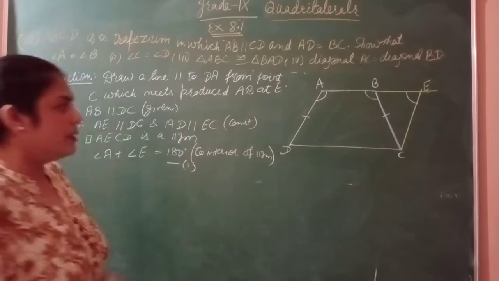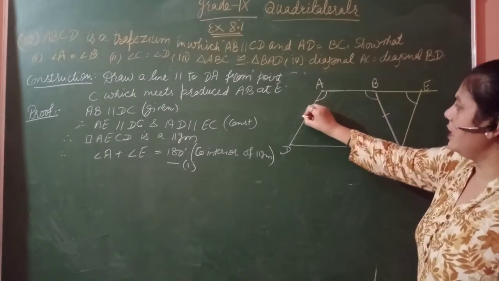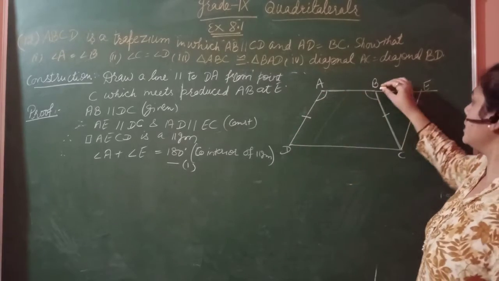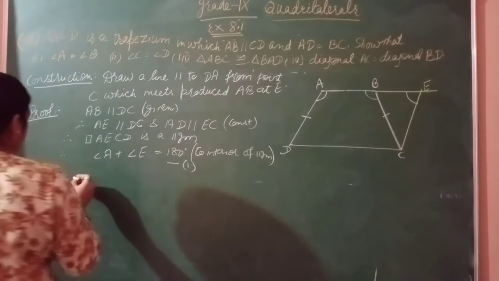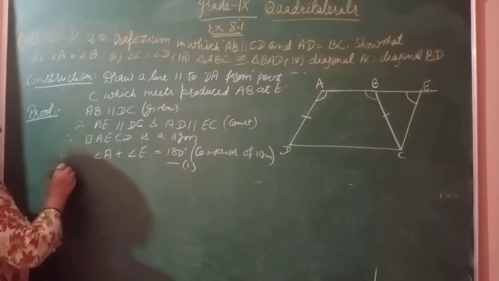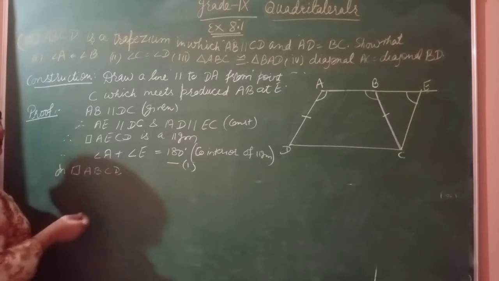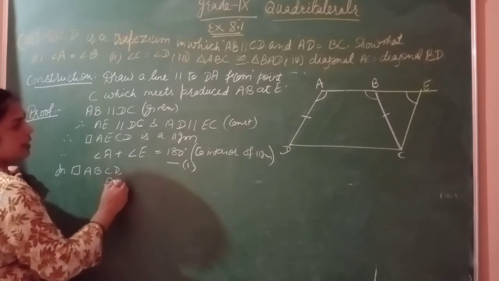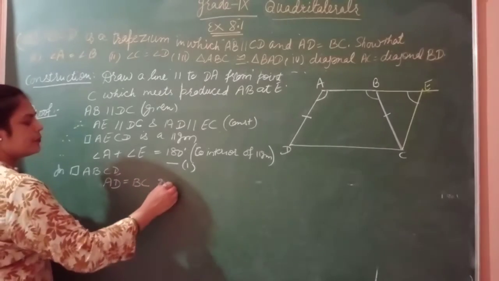Now another step. You know that AD is equal to BC. We have been given that in quadrilateral ABCD, AD equals BC. Clear?